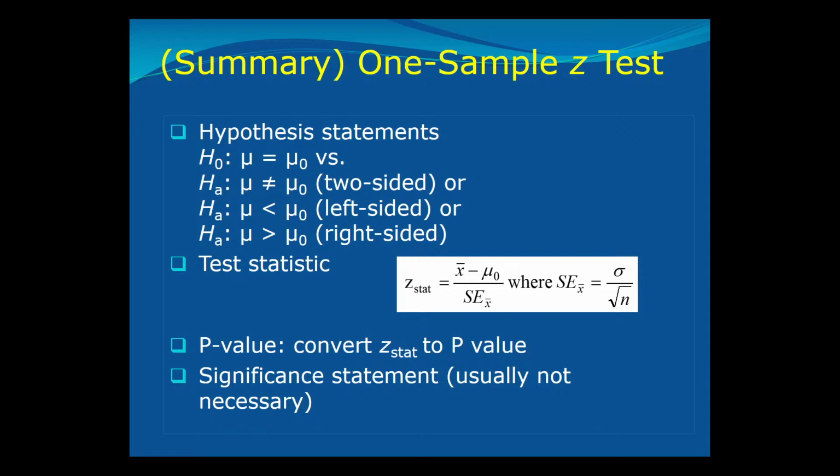So this is an explanation of how to apply the one-sample z-test to practical questions, but this is the mathematical way. The first step is to state the hypothesis statements, to state the null and alternative hypotheses. There is only one way to state the null hypothesis.